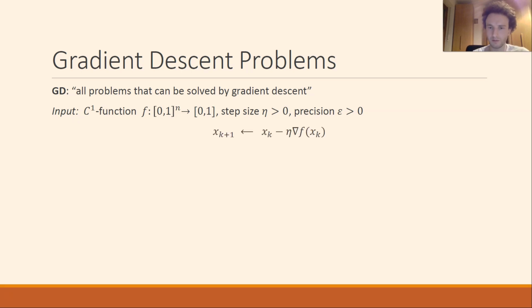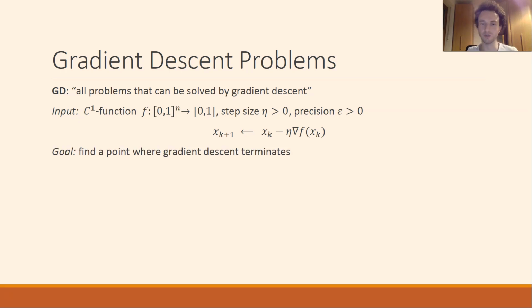And if you remember what gradient descent is, gradient descent just repeatedly applies the following update rule. The next iterate, x_{k+1}, is obtained from the previous iterate, x_k, simply by using this formula, which uses the step size and the gradient of f. And that's it, just repeatedly do that. And so what should be the solutions of our problem capturing gradient descent?